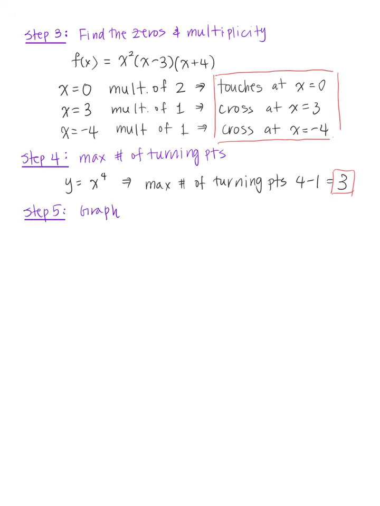Okay, so let's give us a little rough sketch here. So here it is. Again, this is just a rough sketch. Let's jot down our x-intercepts. So that's same thing as the zeros. So for sure we're going to have 0, 0. And then 3, 0. Let's just pretend that's 3.